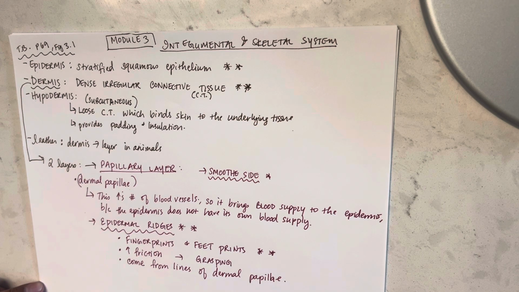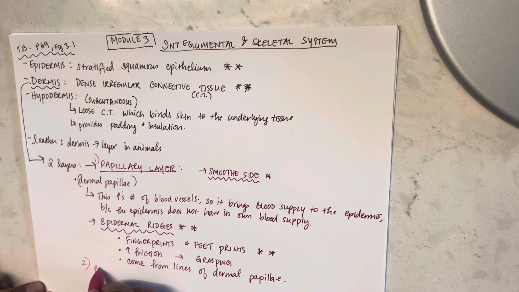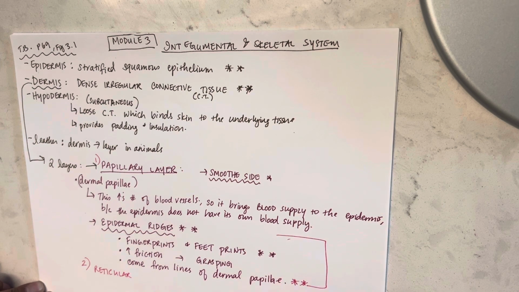Okay, so the next layer that we have is the reticular layer. So this was one, and we have the reticular layer. And you will need to know this, okay? So make sure you know this whole section for the test. Okay, so this is the rough side, okay?